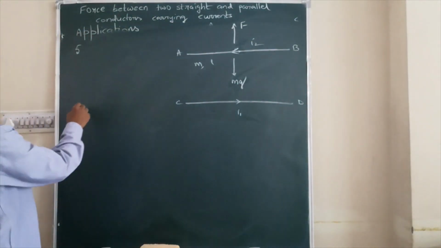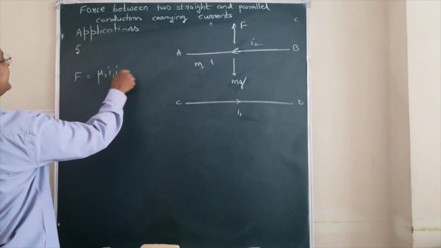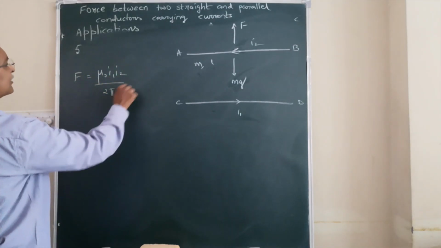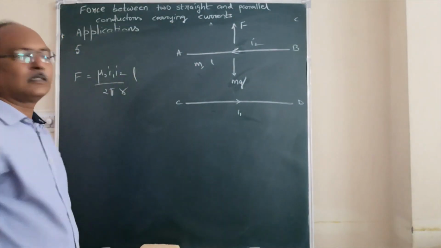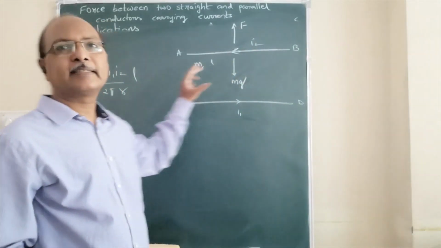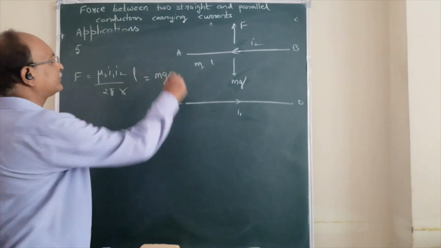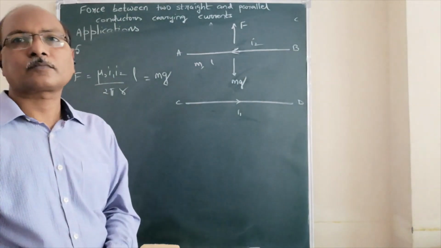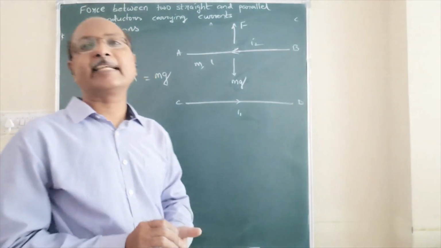So force between them is given by mu naught I1 I2 by 2 pi R. Suppose R is the separation into L. So that is the force of repulsion between them, and this force of repulsion will balance the weight mg. So then the wire AB is in equilibrium.